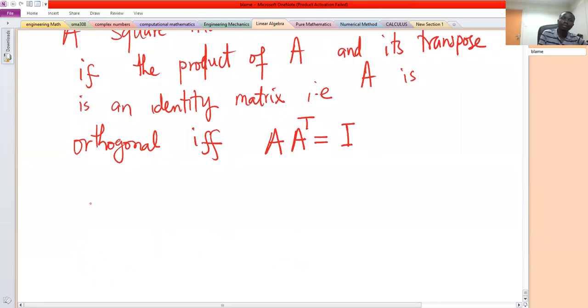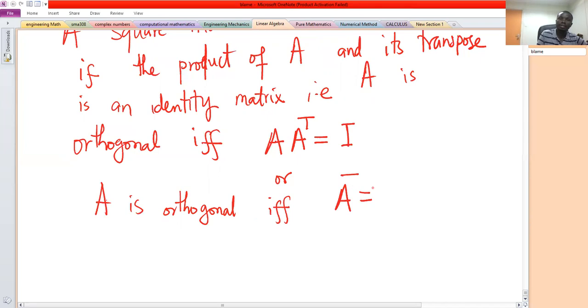And so, since if you take a matrix times another matrix and you get an identity matrix, that is the same as the definition of the inverse of a matrix, then we can say the same thing: A is orthogonal if and only if A transpose is the same as A inverse.